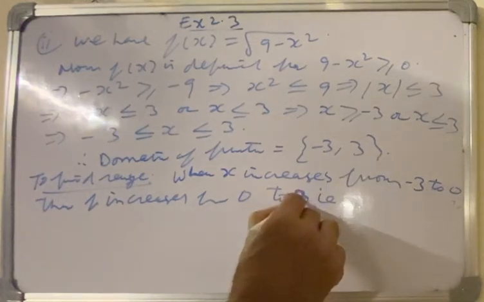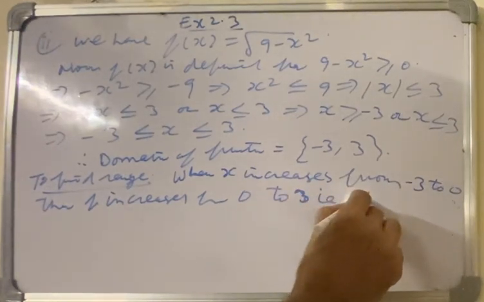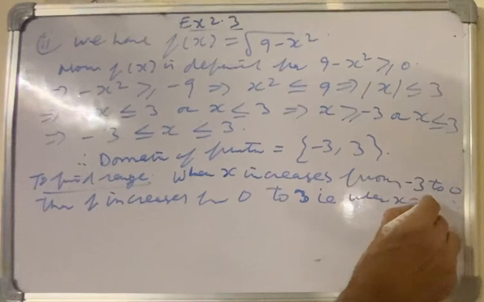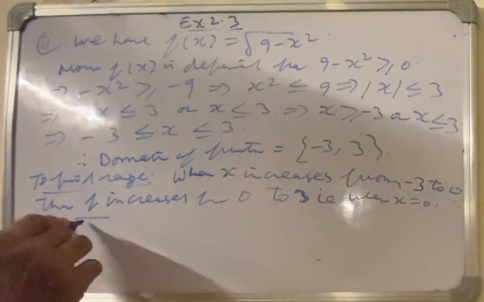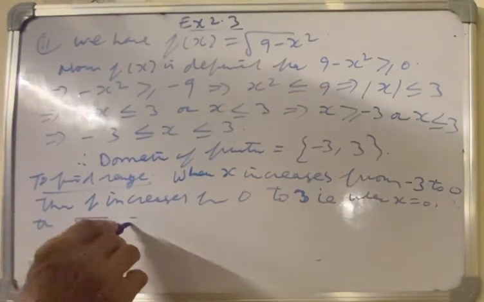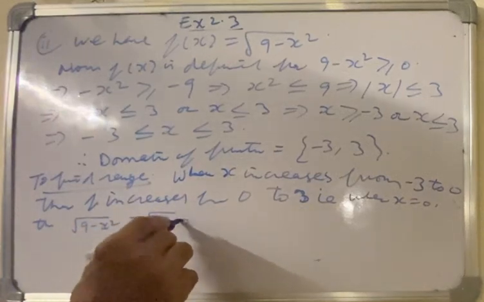That is, when x is 0, then the square root of 9 minus x squared is the square root of 9 minus 0, which is 3.